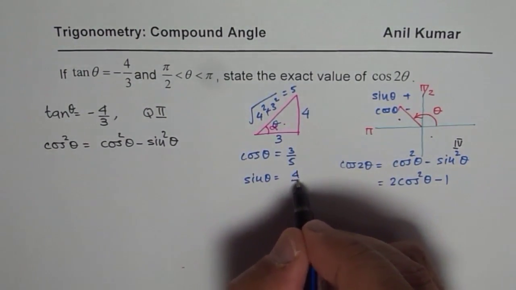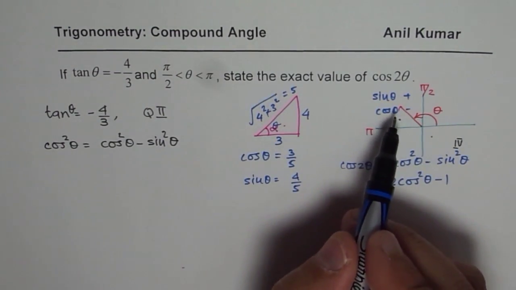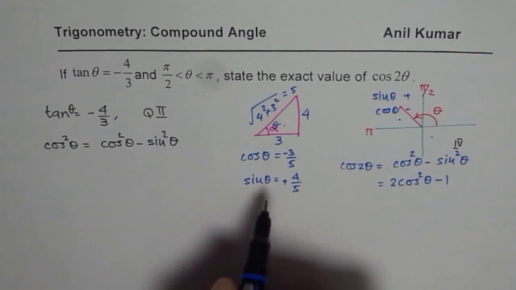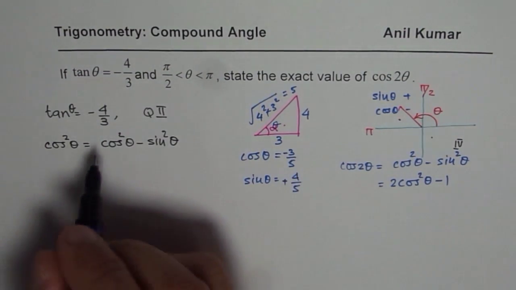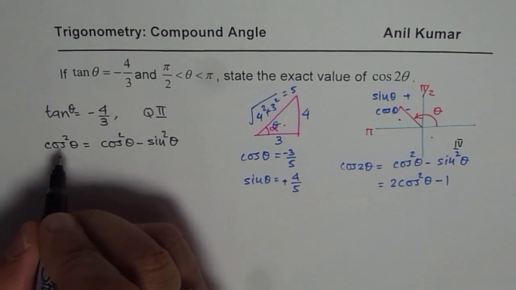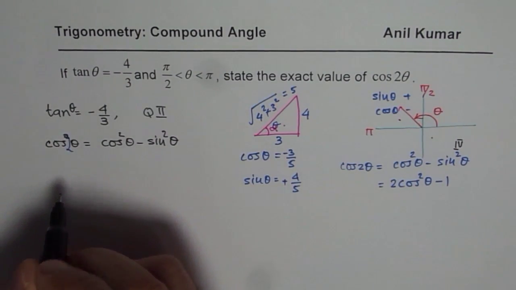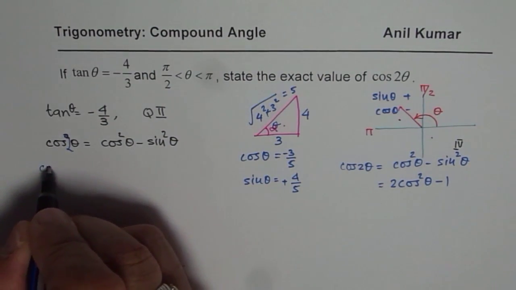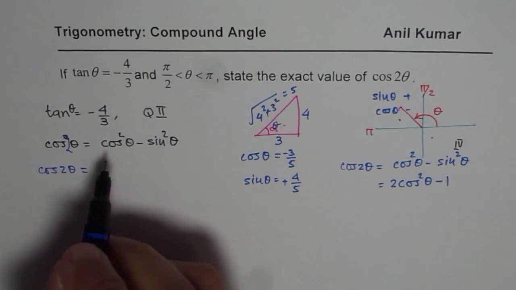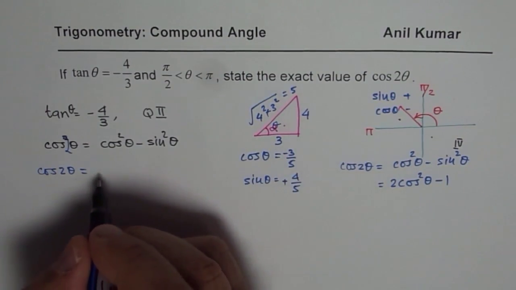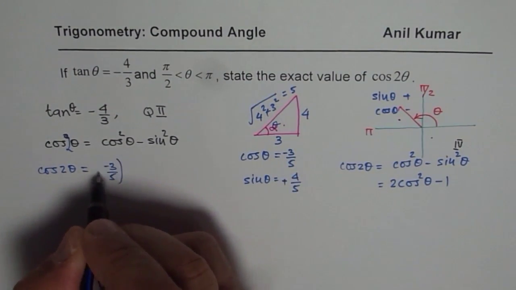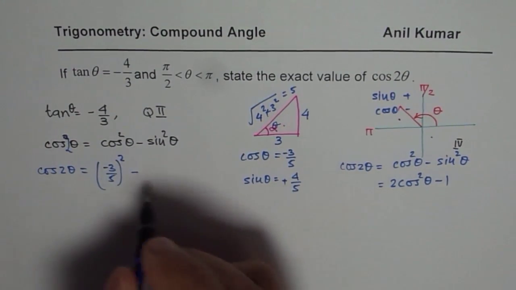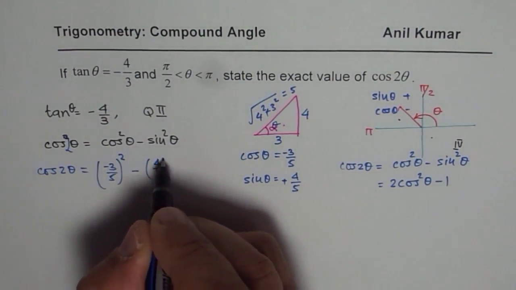But remember one thing, we are in quadrant 2. In quadrant 2, cos is negative and sine is positive. Substitute these values here. So cos 2 theta is cos square theta minus sine square theta. So cos 2 theta equals minus 3 over 5 whole square minus 4 over 5 whole square.